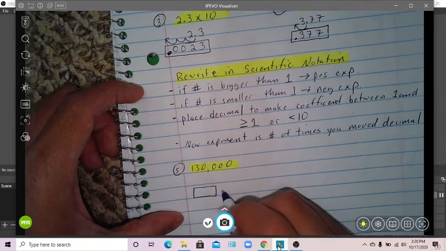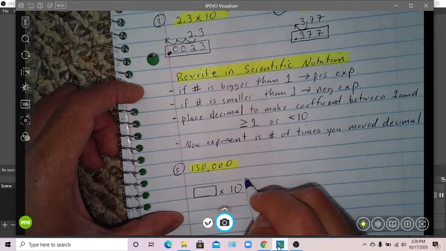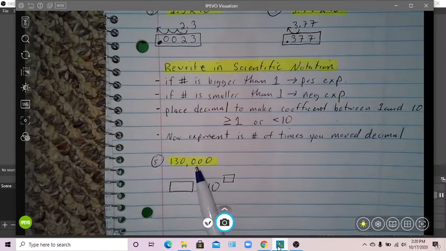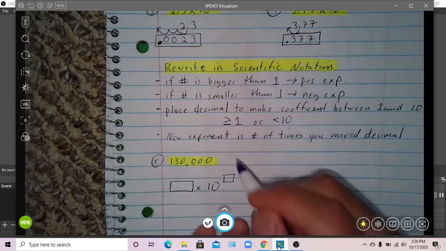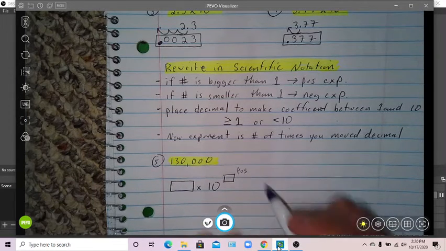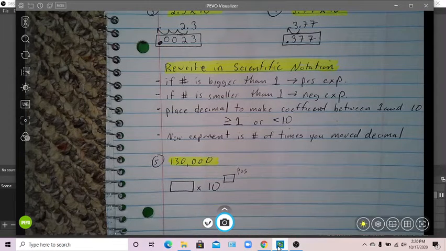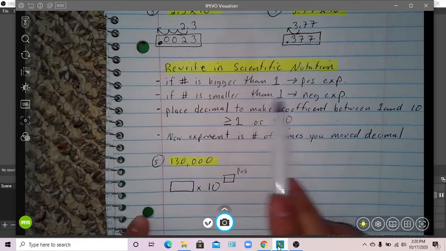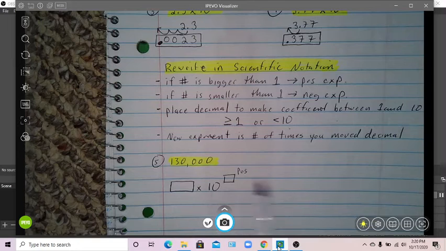It'll have times 10, and a box for the exponent. This number, 130,000, is bigger than 1, so the exponent is going to be positive. Because it's bigger than 1, it's positive. If it's smaller than 1, it's negative.